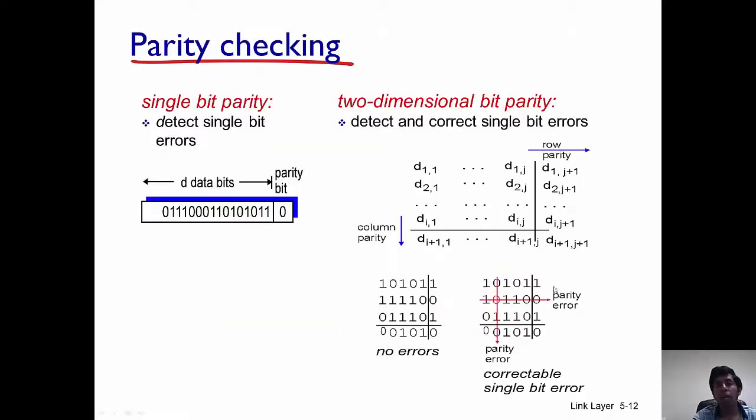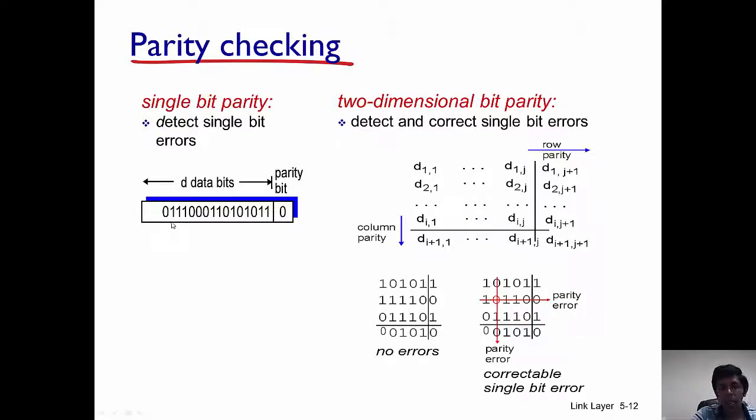Now let's look at a concrete example of error detection. So here we'll look at single bit parity. In a single bit parity case, each bit, as you know, can either take 0 or 1, and with these D bits, a parity bit is added.